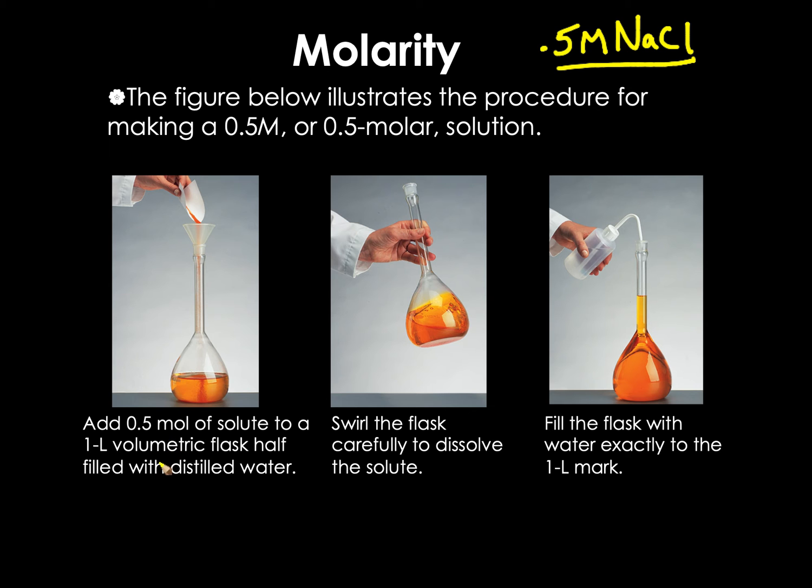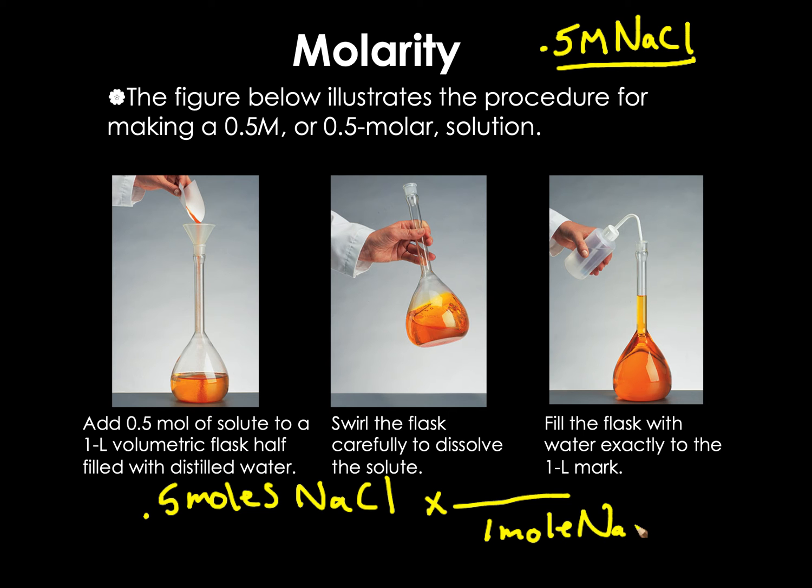Well, how many grams are we going to have to get of our solute? So you'd have 0.5 moles NaCl and multiply that by its molar mass to figure out how many grams of NaCl we would need to put into our volumetric flask.